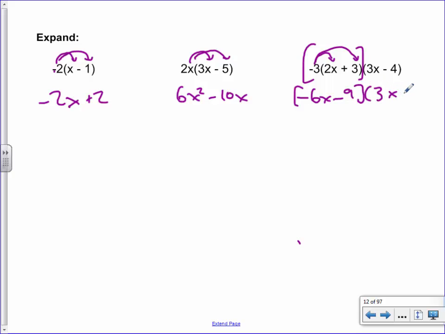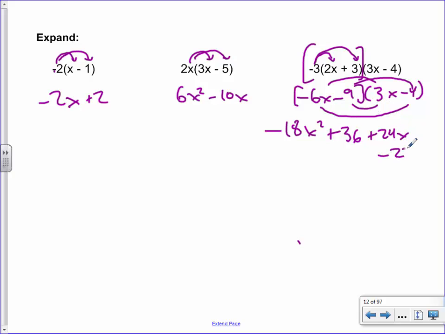And then FOIL that next to the 3x minus 4. Then FOIL this guy. So that'll give you a negative 18x squared. Let's see, this one will give you a plus 36. That one will give you a plus 24x. And that one's a minus 27x.